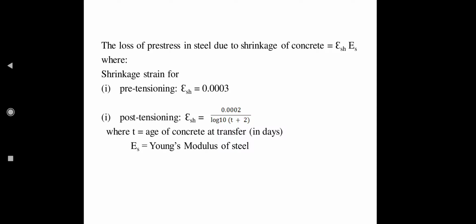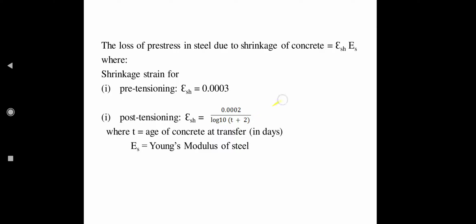So how to calculate the loss of pre-stress due to shrinkage of concrete? We can calculate it using the equation epsilon sh into Es, where epsilon sh is equal to 0.0003 for pre-tensioning members, and for post-tensioning members we use epsilon sh equal to 0.0002 divided by log10 (T plus 2).